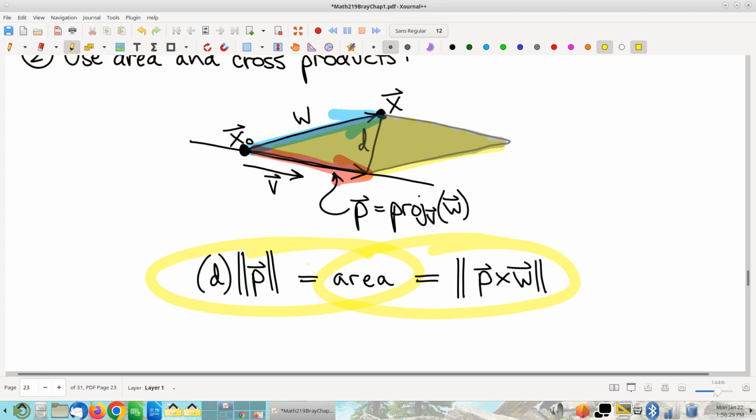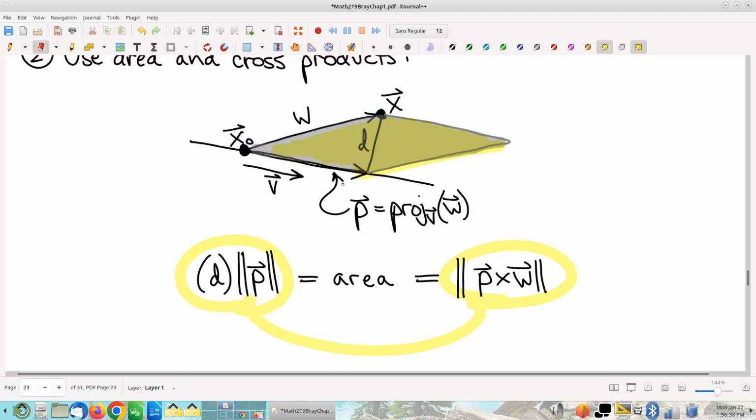And not that I particularly care about area, but calculating area has pointed out to me that these two things are equal. And notice what I am interested in, that distance d, is involved in those two things that are equal to each other. And so just solve for d, boom, formula, and that works really nicely as well.